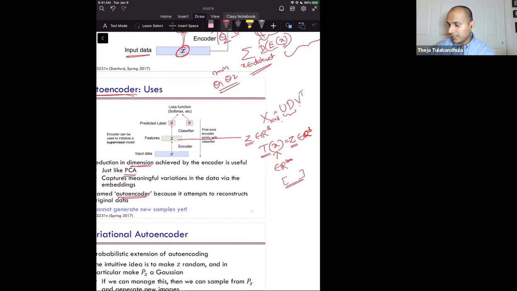Once you truncate the right singular vectors, you don't take all of them, just take, let's say, 3 of them in the V matrix, then you multiply this UDV transpose, and you get 3 numbers for each data point in X, right? So X is N cross D. So the first data point would be a d-dimensional vector, and it corresponds to a 3-dimensional vector.